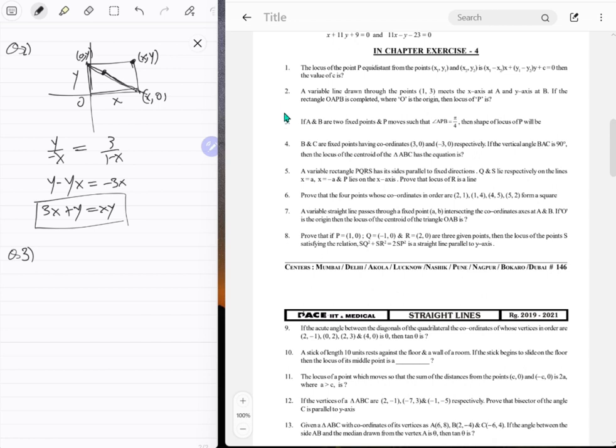Question number 3. If A and B are two fixed points and P moves such that angle APB equals pi by 4, it will be an arc basically. So if you have A and B as two fixed points and you have this P which is always moving, it will be an arc. It's pi by 4, right?